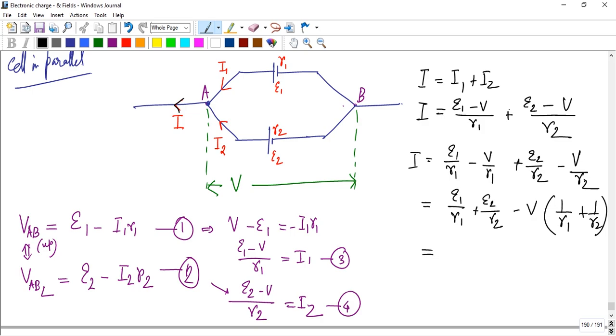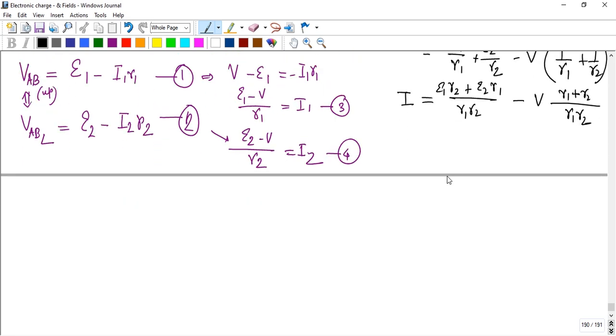If I take the LCM R1 R2, you get (epsilon 1 R2 plus epsilon 2 R1 minus V (R1 plus R2)) by R1 R2, that is equal to I. And just a basic solution, go to the next page.